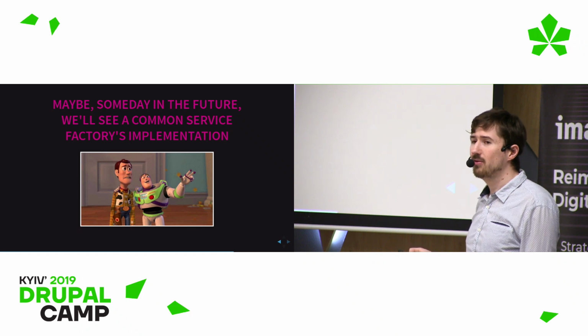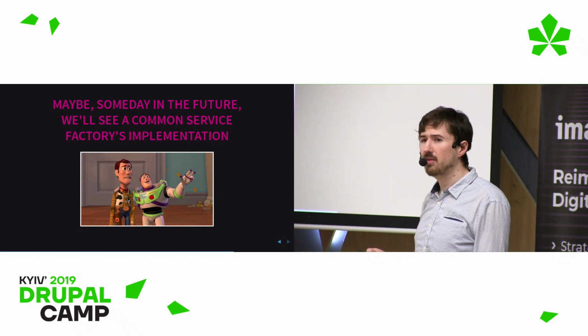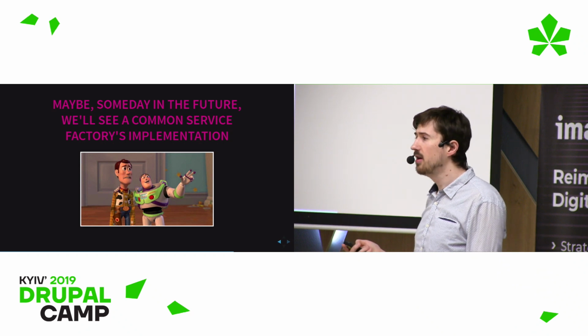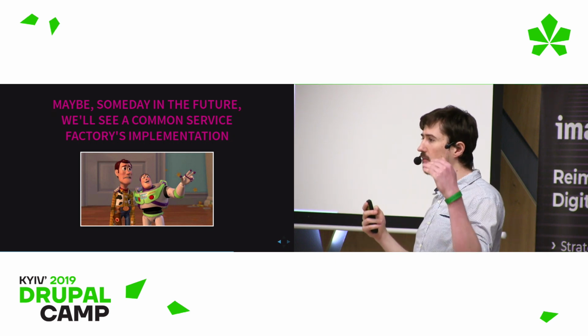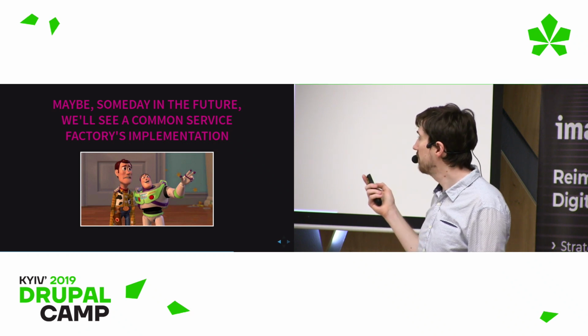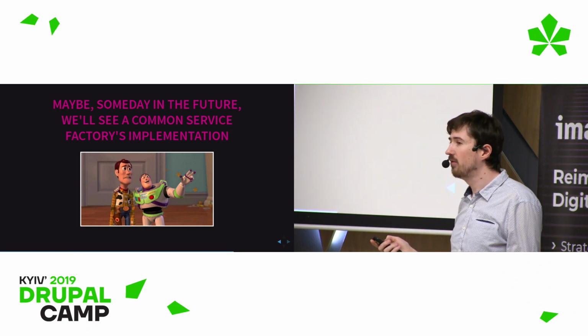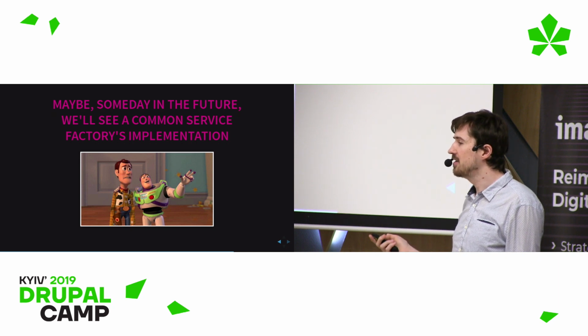If you're using some third-party library in Drupal, like a Twitter library, you need to create your service and write your own code to make the bridge between Drupal and the third-party component. But in the future, the PHP framework group is discussing some common way, like the guys in Java have in Spring, to initialize all services.